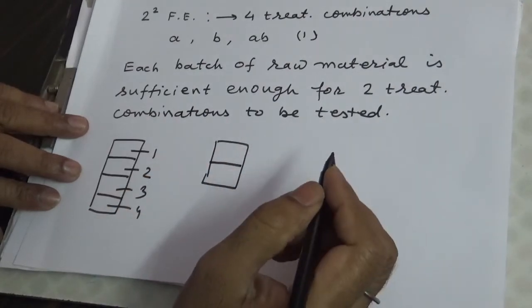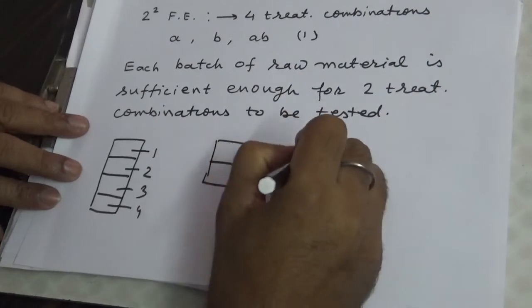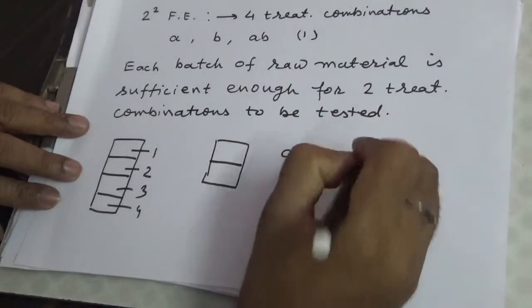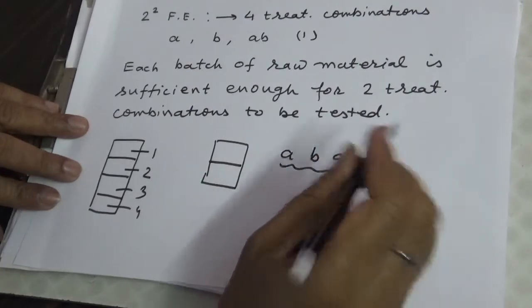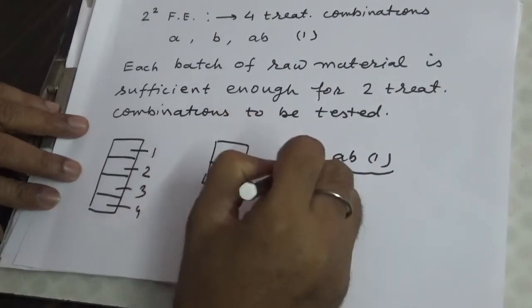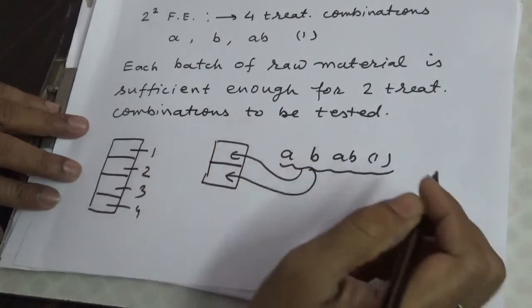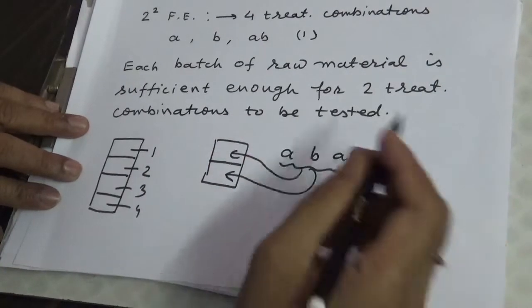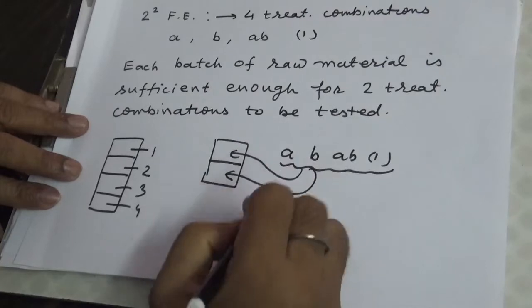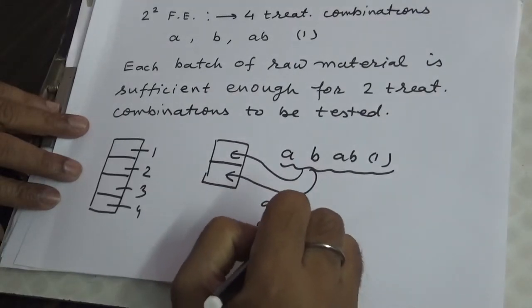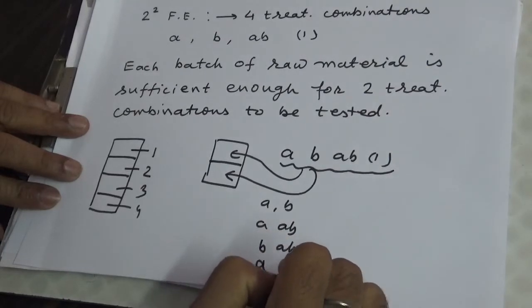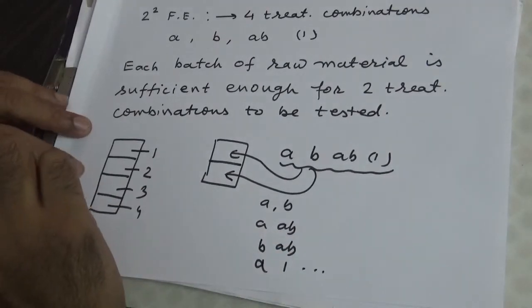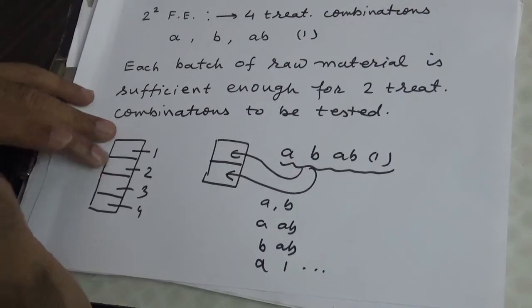So now my question is this: out of these 4 treatment combinations A, B, AB and 1, which are the 2 treatment combinations which are to be assigned in plot number 1 and in plot number 2? There can be various combinations. There can be AB, there can be A and AB, there can be B and AB, there can be A and 1 and so on. So now the question is this: how to get it done?